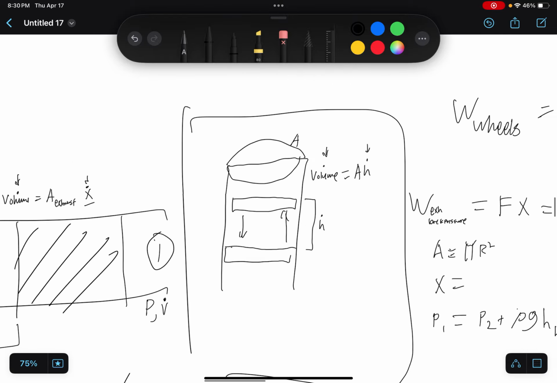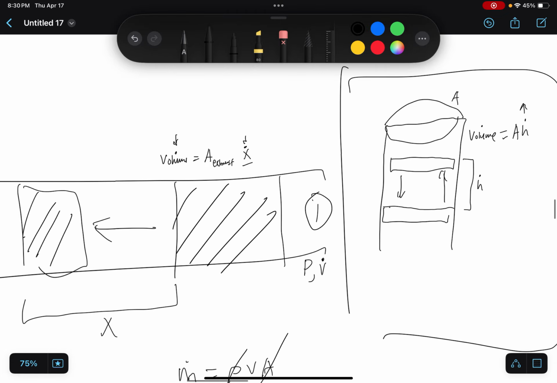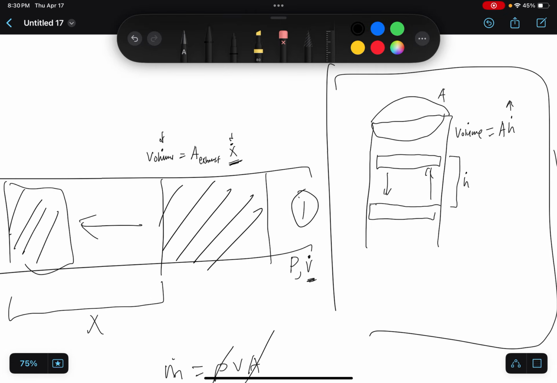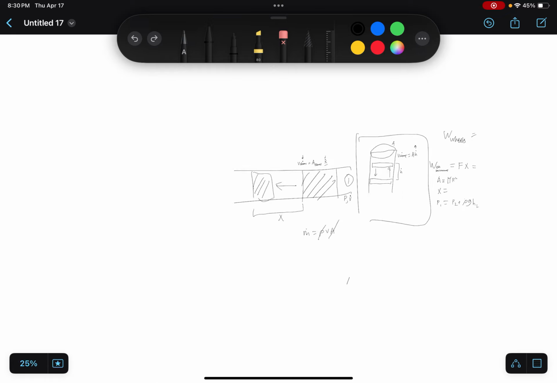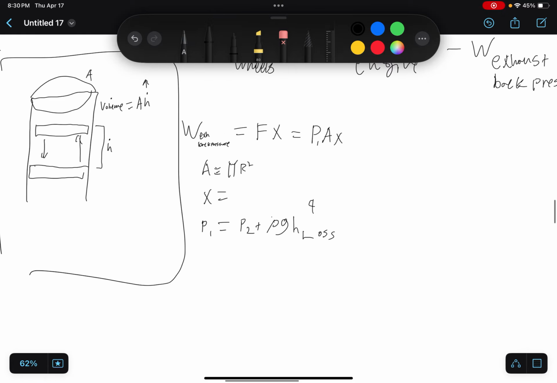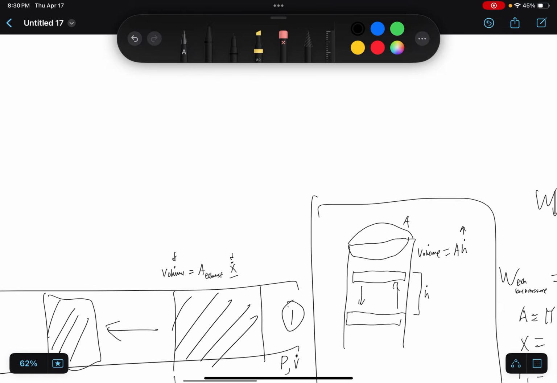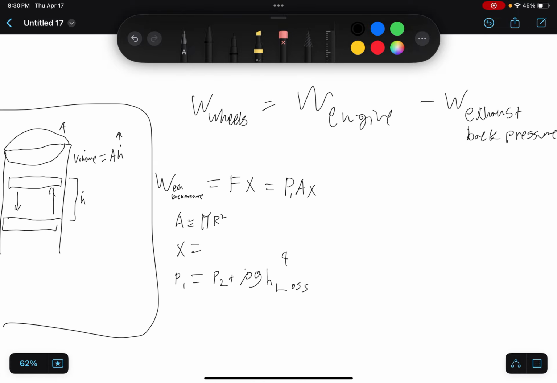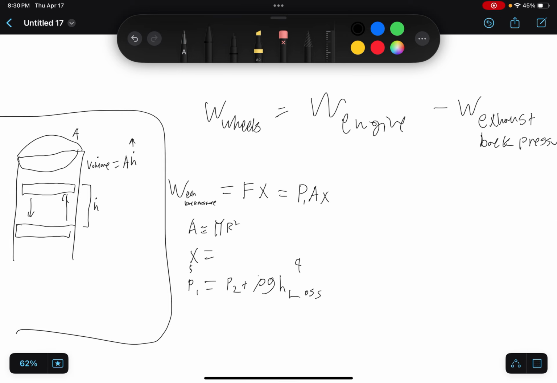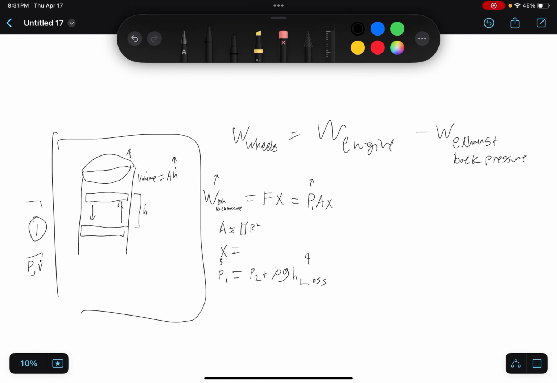If the rate of change of the height is fast, if the piston's going up and down really fast, it's pumping out a lot of volume of air really quickly, which means the velocity increases. Both of those increase, which means the head loss would increase, because the velocity increases, and it increases squared, which is even worse. Which means pressure increases, which means this value increases.